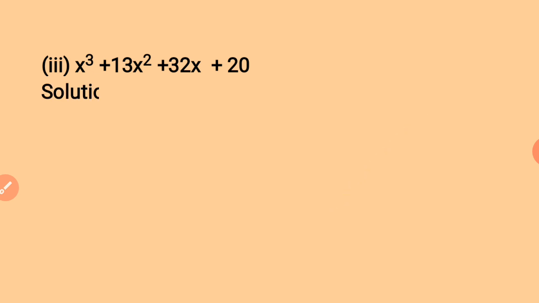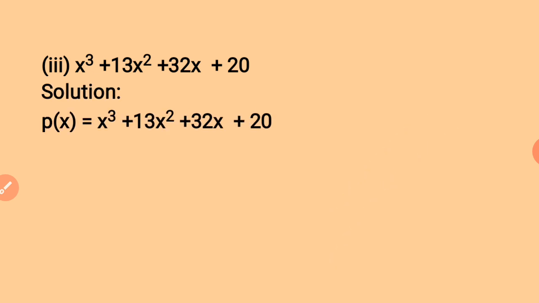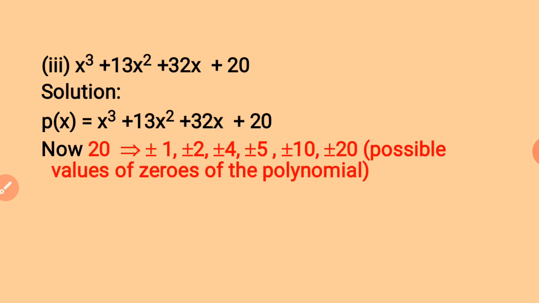Now, the third sub question. Here, the constant is 20. So, we'll find out all the factors of 20. 20 can be written as 20 ones are, 10 twos are, 5 fours are. So, how many factors in all? 6 and 6, 12.